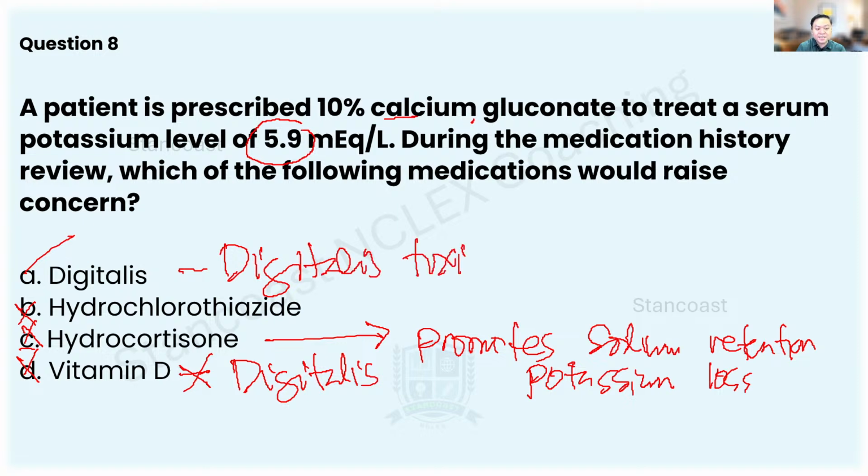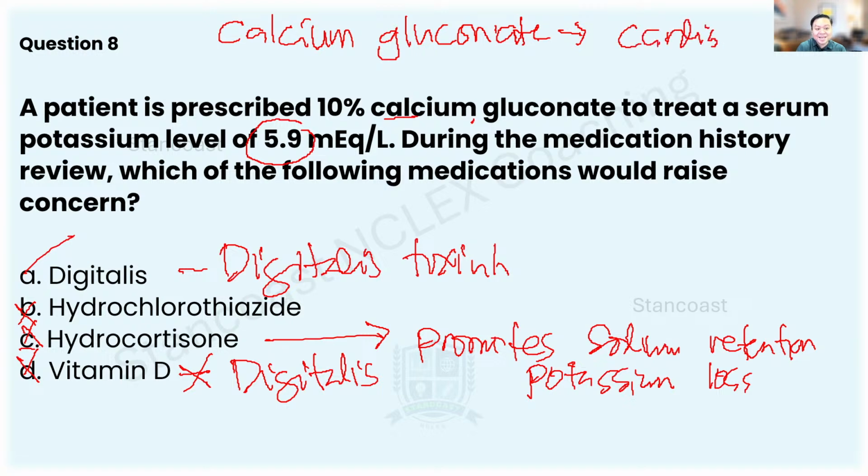Digitalis toxicity. Guys, what is the role of the calcium gluconate here? The calcium gluconate is ordered for this patient because of the hyperkalemia. This is prescribed to treat the hyperkalemia, which is going to cause cardiac excitability, intended for that cardiac excitability.